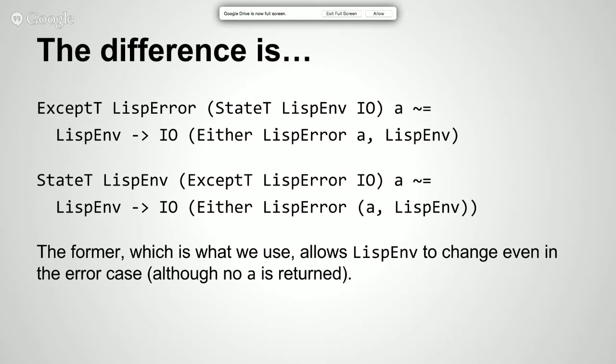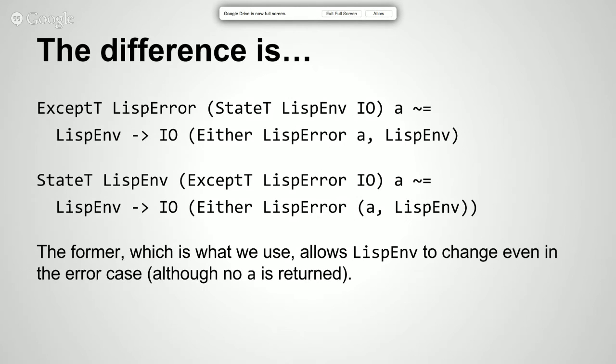We find that the Lisp monad that we use, with ExceptT on the outside, allows the environment to change even when there's a failure. So it takes a Lisp env, and through the I/O monad, it returns an Either Lisp error A and a new environment, which means that it returns a Lisp env even when there's a failure.